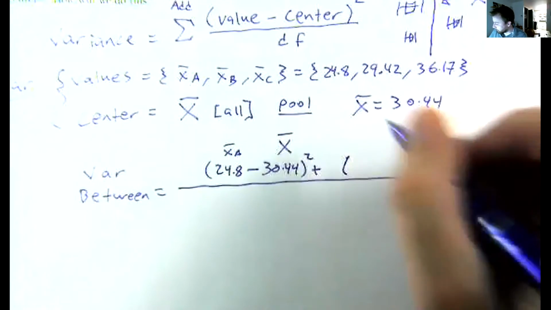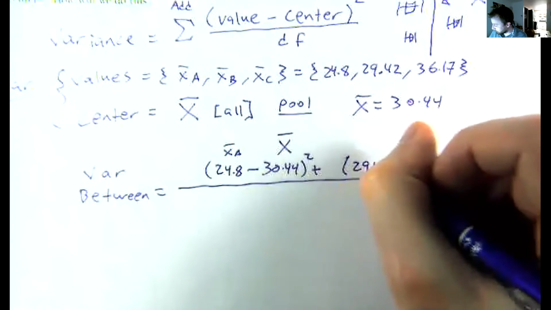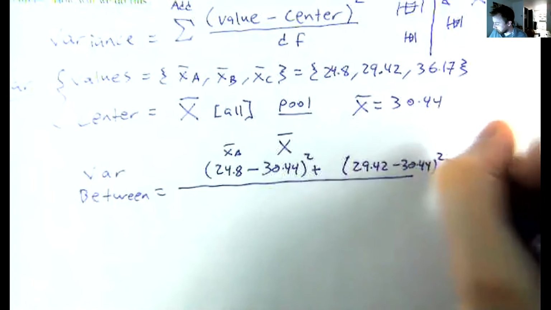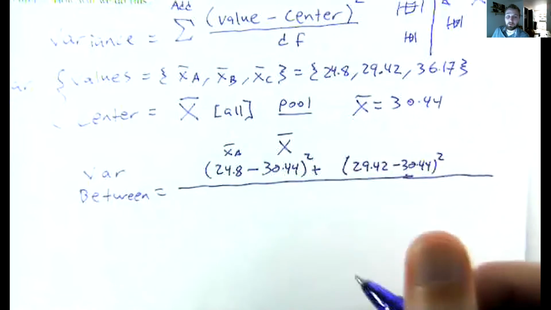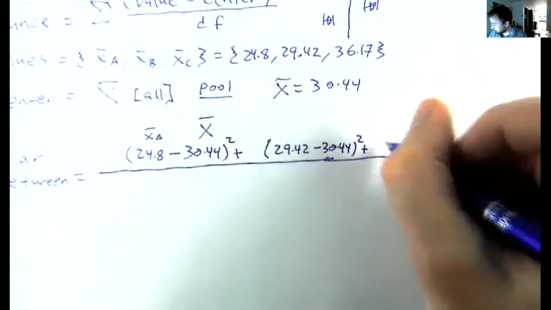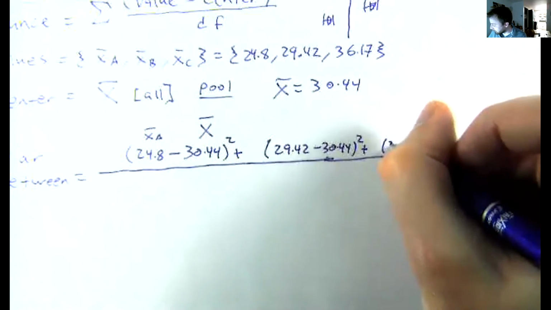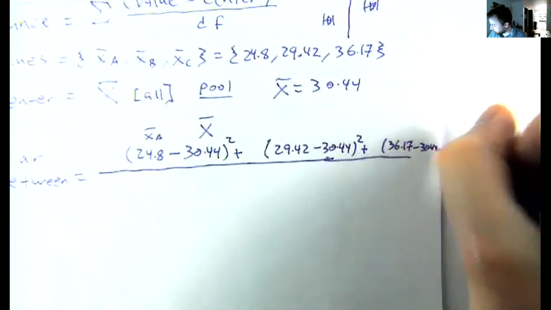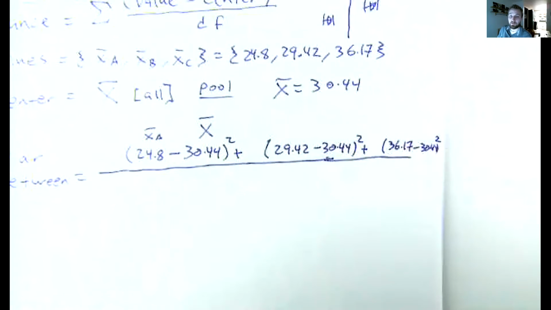Next value, 29.42 minus 30.44. I'm squaring this so I don't end up with 0. Last value, I have 36.17 minus 30.44, and I'm squaring that so I don't end up with 0.